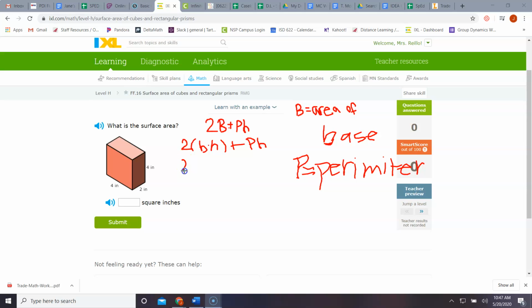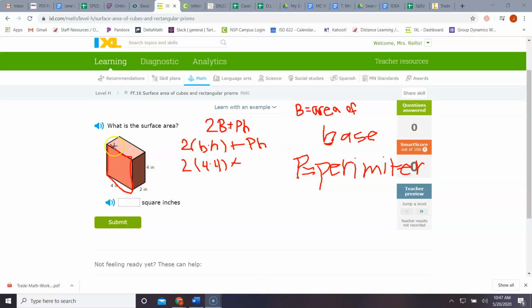So let's fill in what we know. 2 times the base, we're going to use this square as our base. So we're going to do 4 times 4 because our base of that square is 4 and our height of that square is 4.